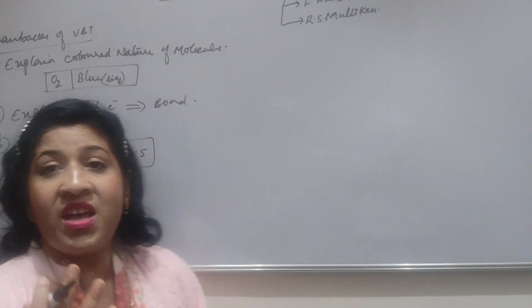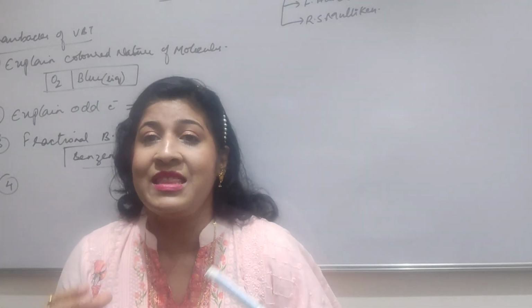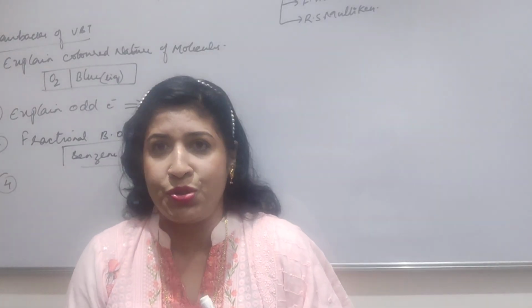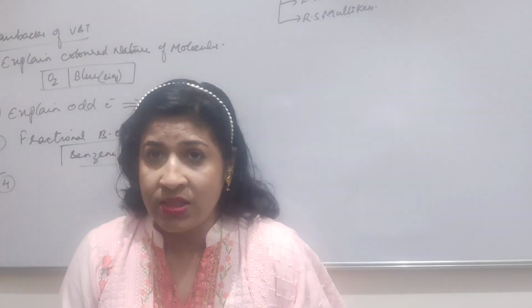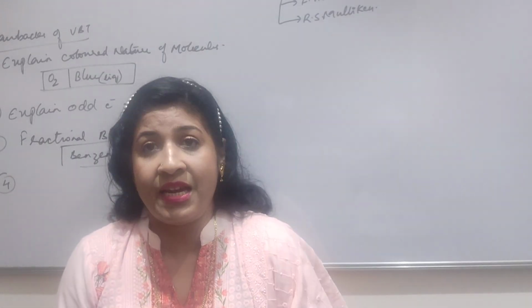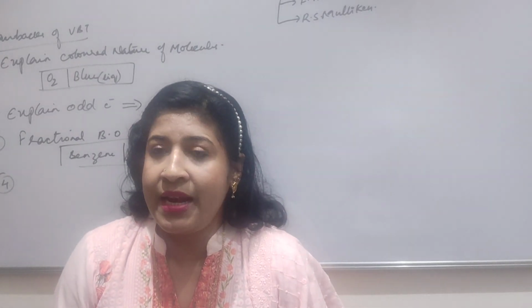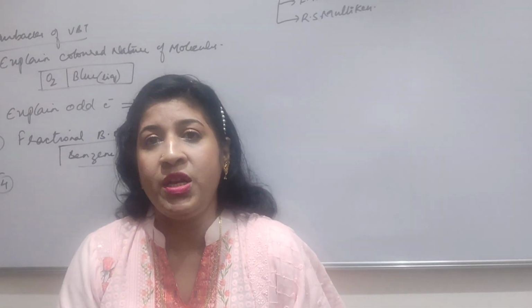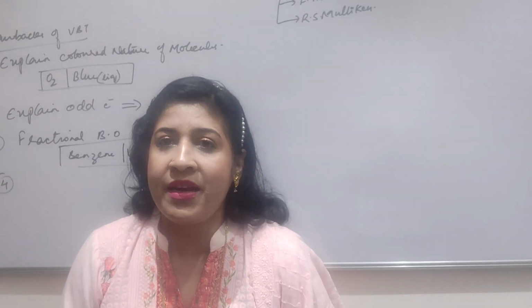And very important, that is the magnetic nature of a molecule. Suppose I am going to take oxygen, O2, which has 16 electrons. These 16 electrons are paramagnetic in nature in reality, but according to VBT it is diamagnetic.